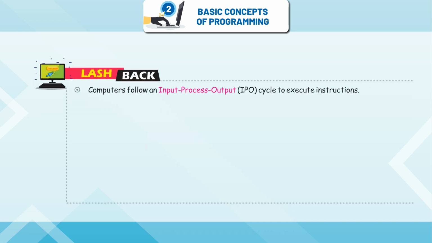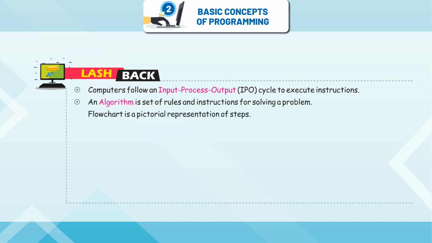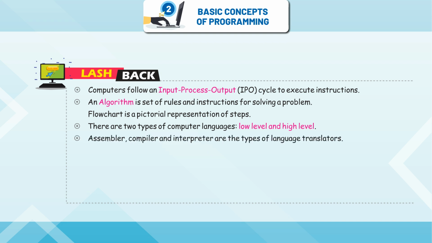Flashback. Computers follow an input-process-output IPO cycle to execute instructions. An algorithm is a set of rules and instructions for solving a problem. Flowchart is a pictorial representation of steps. There are two types of computer languages, low-level and high-level.